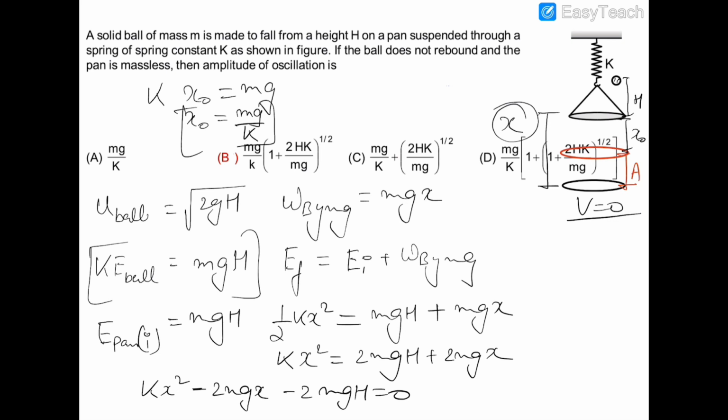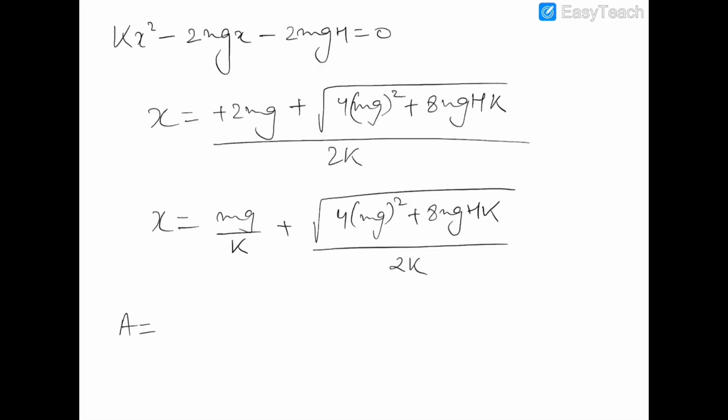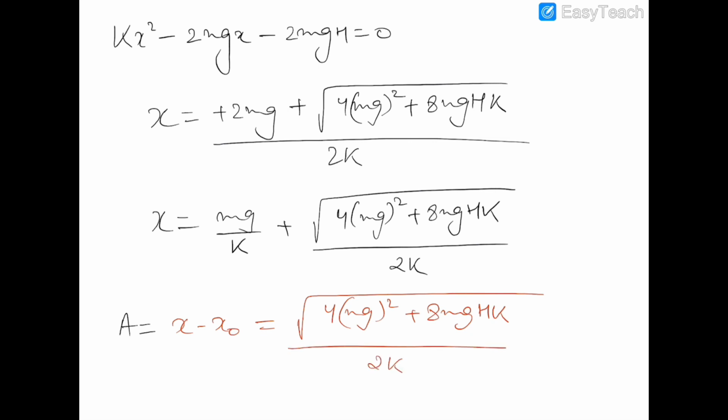Now when we have to find the amplitude, the amplitude is the maximum displacement from the mean position. So if this is the mean position and this is the maximum displaced position, then the amplitude would be x minus x naught, where x naught is mg by k. So it would be equal to under root of 4mg square plus 8mghk divided by 2k.